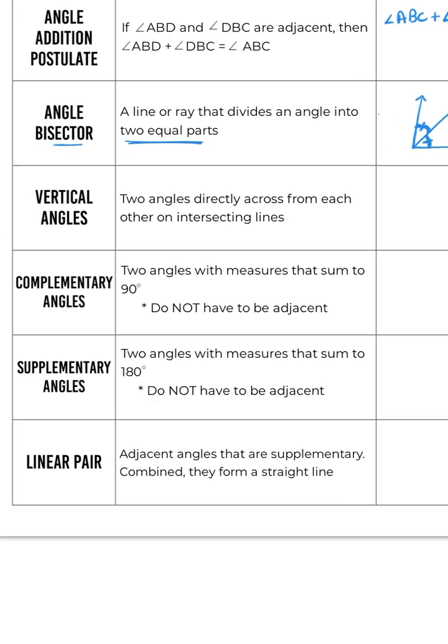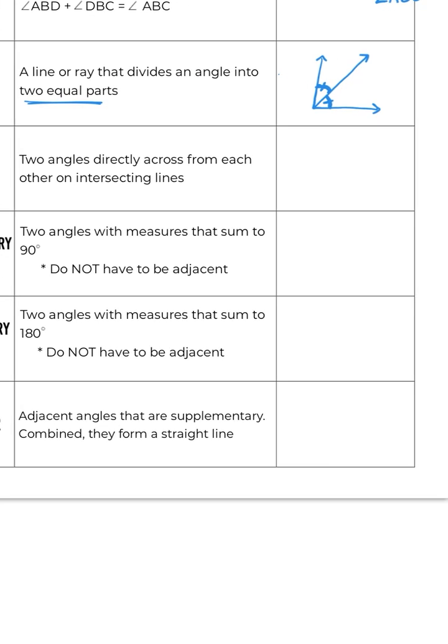What do we have? Vertical angles are formed by intersecting lines. So anytime you have two lines that intersect, you're going to create what are called vertical angles. So what that means is this angle here and this angle here are vertical. They're across from each other, but they're also congruent.